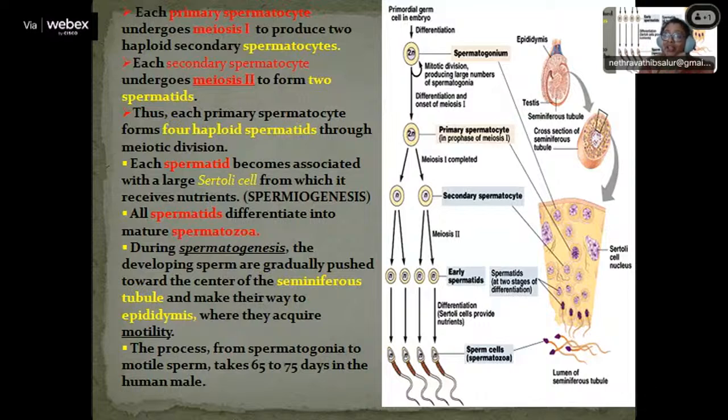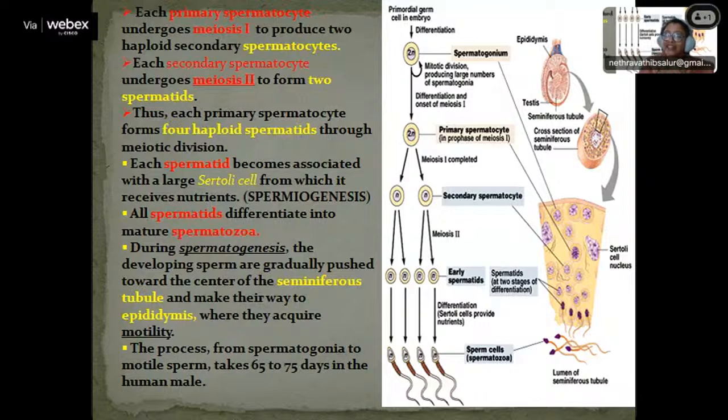Now, these diploid primary spermatocytes will enter into the maturation phase. The maturation phase includes first meiotic division, okay, where it results in secondary spermatocytes, right?